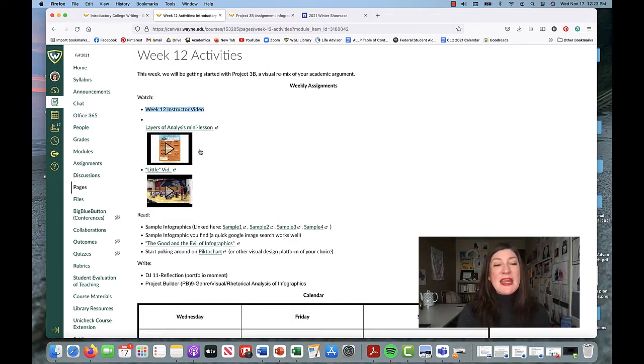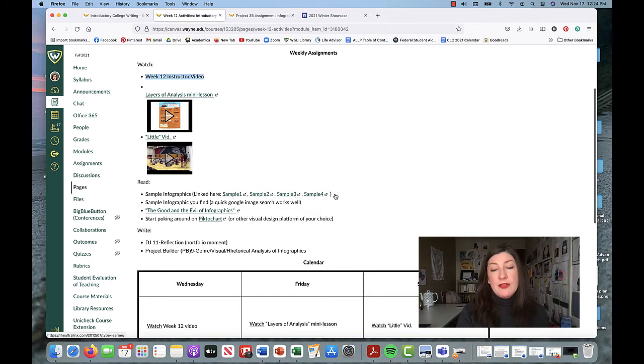There is a mini lesson here that walks you through some layers of analysis for infographics. This mini lesson is going to talk you through the genre conventions. So what makes an infographic an infographic? There's a little vid here and a bunch of samples, but you can also find your own.